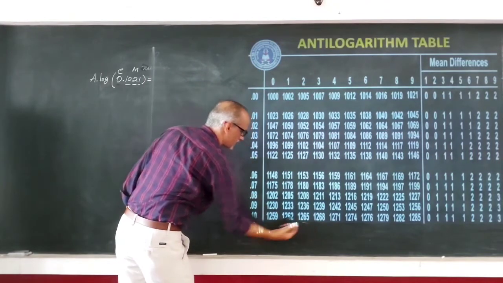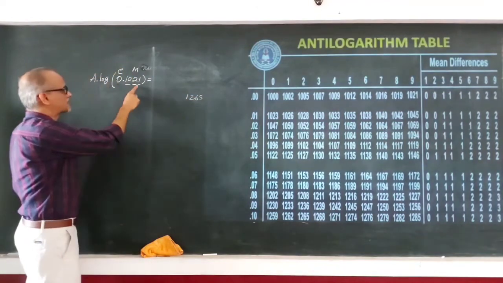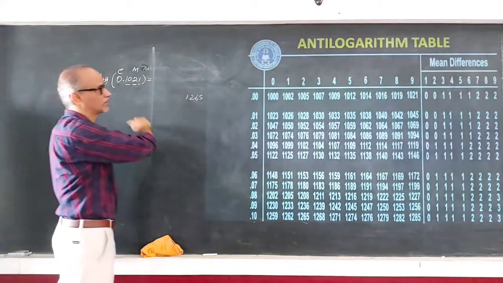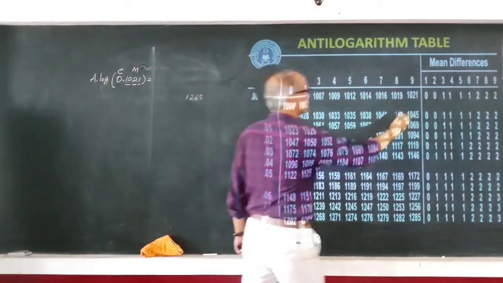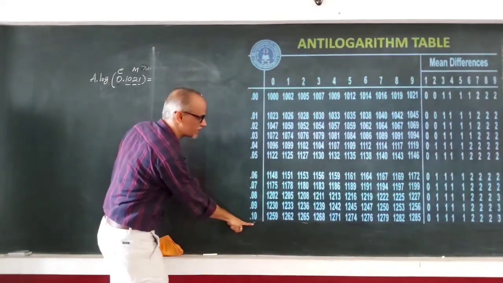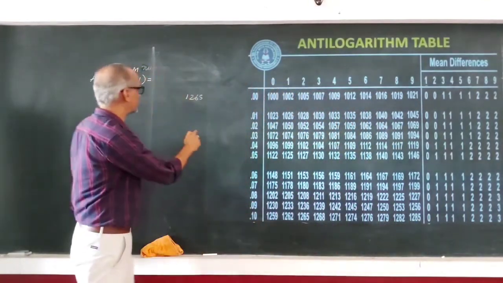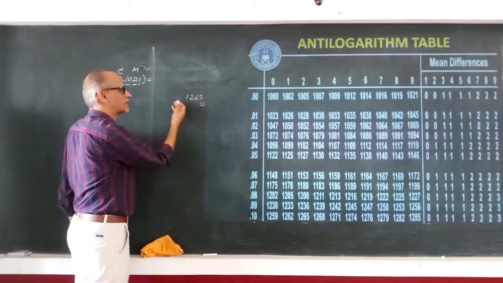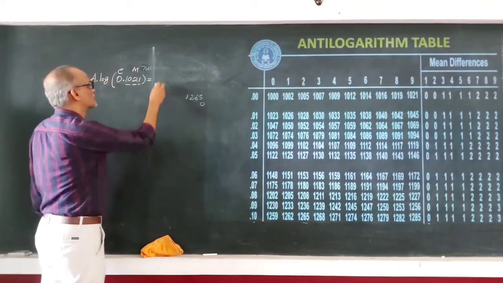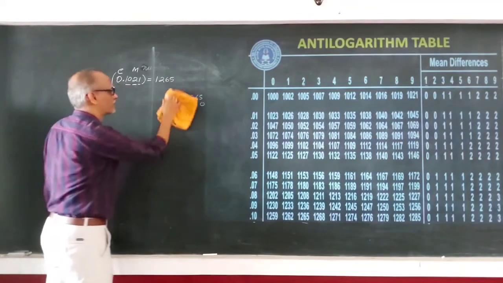It's 1265, which I'm going to write here, 1265. The next digit is 1, which you have to search in the mean difference. The mean difference 1 is here, and that intersects with the initial number at 0. So that is to be added. So 1265 plus 0 will give you 1265 only. So do write that number here after adding, 1265.